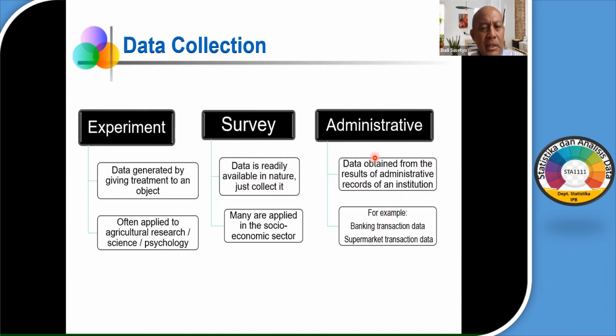I just come to the bank and collect data about bank accounts, how much money each account owner has in this bank, how many transactions per day, and so on. This is administrative data, data held at the institution.